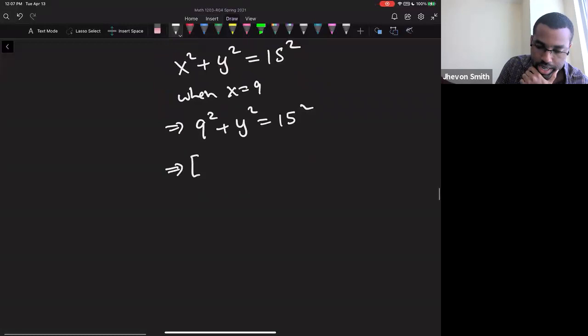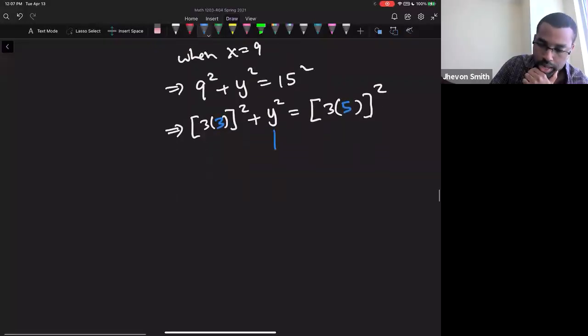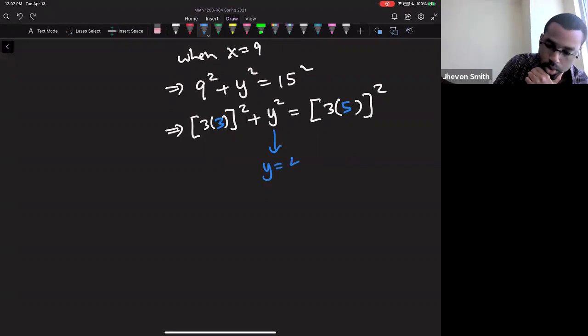You can notice that 9 is 3 times 3, and 15 is 3 times 5. So this would mean that your y must be 3 times 4.